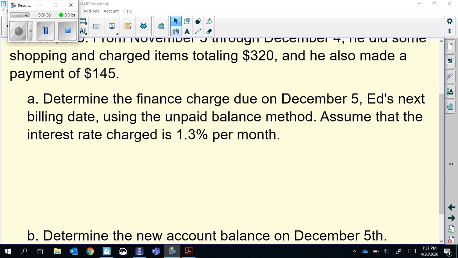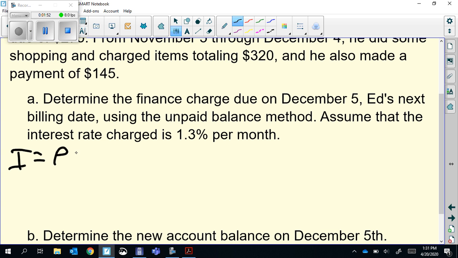So we've got a couple things going on to figure out the total amount due, but we're just going to find the finance charge first. So we're going to use the formula interest equals principal times rate times time.